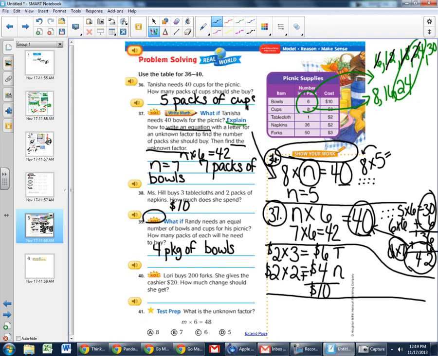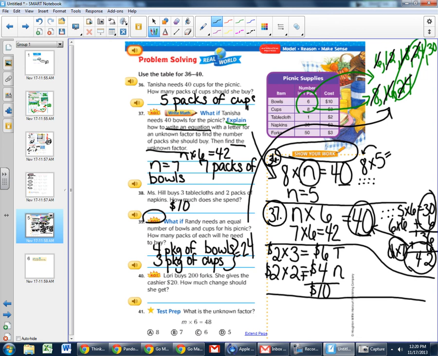And how many packages of cups? 1, 2, 3. And they are all going to equal 24. And since I took the time to write it all out, that's where I have my work shown, so I am done with that problem.